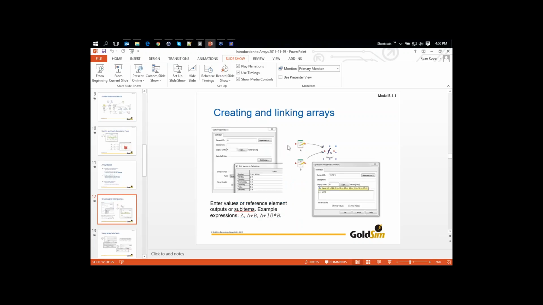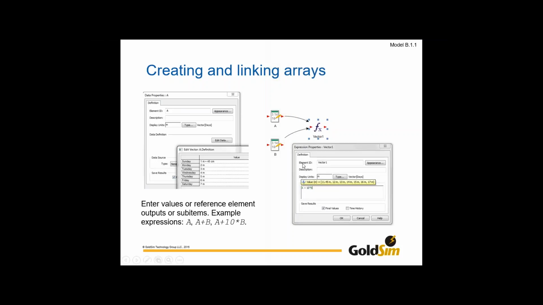If you have, say, a vector, let me just make this a little bigger, sorry. Both of these are vectors, these data elements, A and B. Now, this expression element is also a vector, and it has to be, since what we're doing here is some basic arithmetic, just adding, multiplying with these.